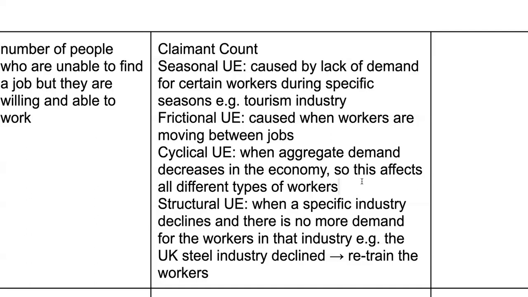People working in a restaurant or in a dessert shop or in a school or in a cafe or anywhere, they all lost their jobs. So it doesn't matter where you worked, you're going to be affected. So unlike structural, which is just affecting a small group of people or everyone in a specific industry, this is affecting anyone from different industries. And what would you do to fix that?